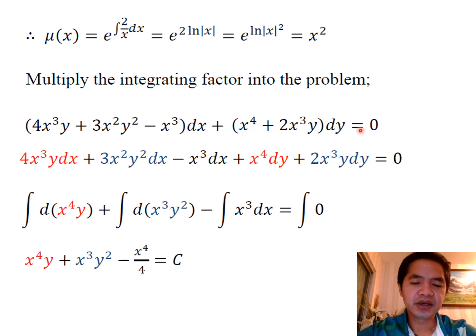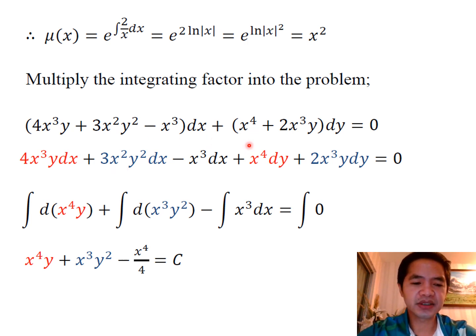So now, in this case, it's going to be an exact equation. So now you just find the combination of each one, because it's already an exact equation.